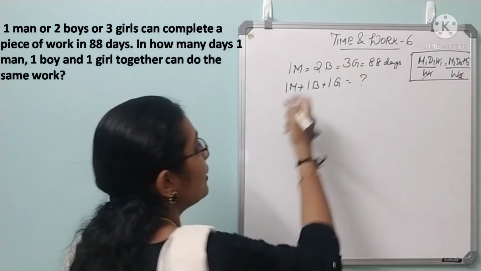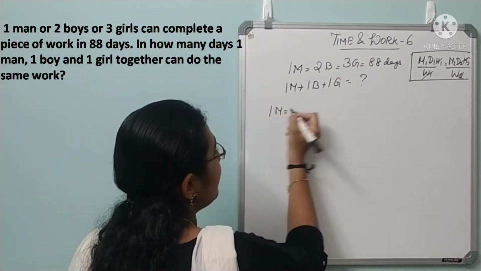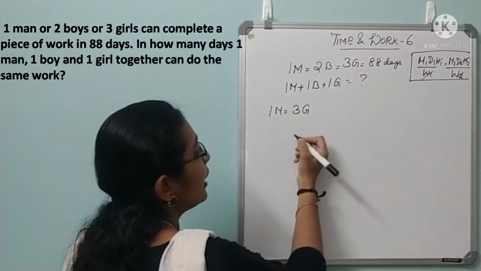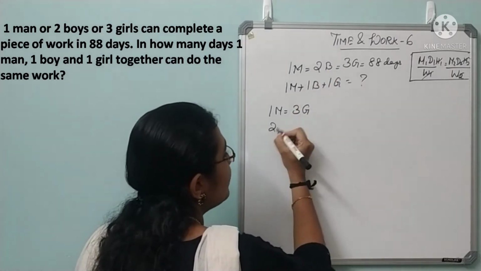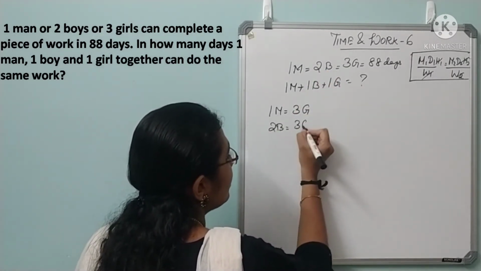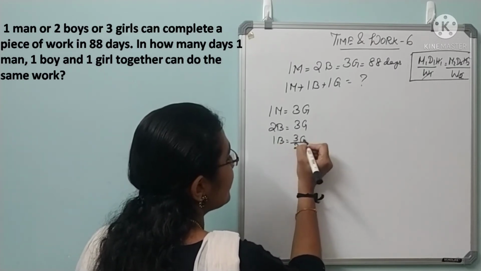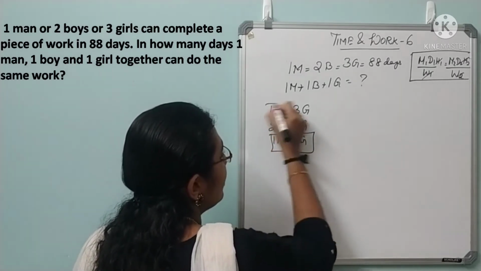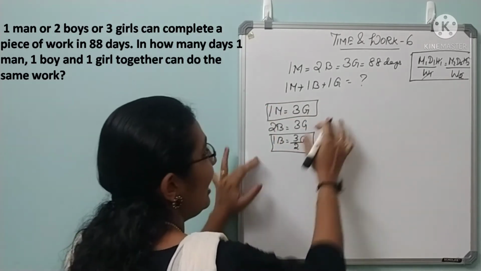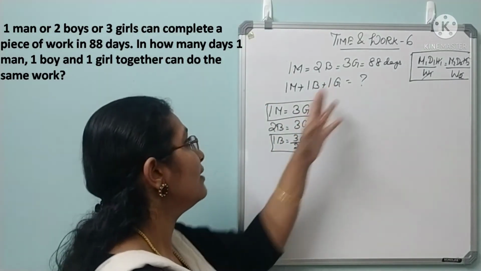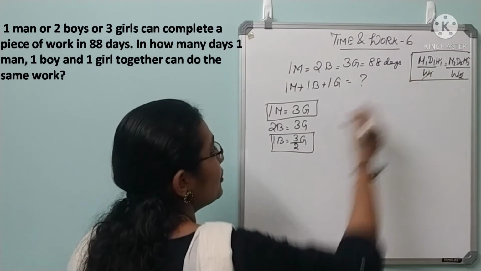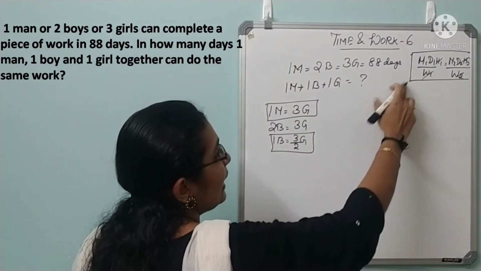Using the first equation you can write 1 man is equal to 3 girls. So 2 boys is equal to 3 girls, right? So 1 boy is equal to 3 by 2 girls, right? Now I have got the values, so I can substitute here. Use the formula M1 D1.